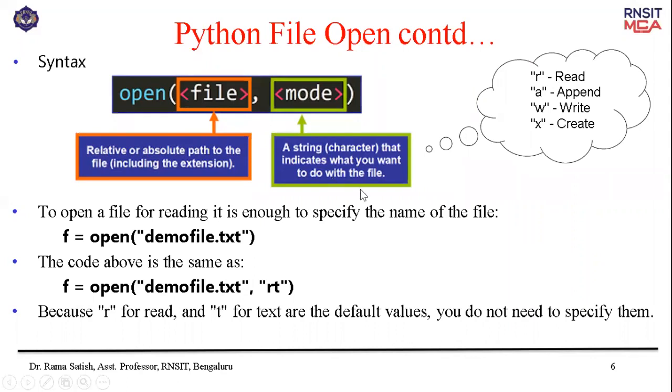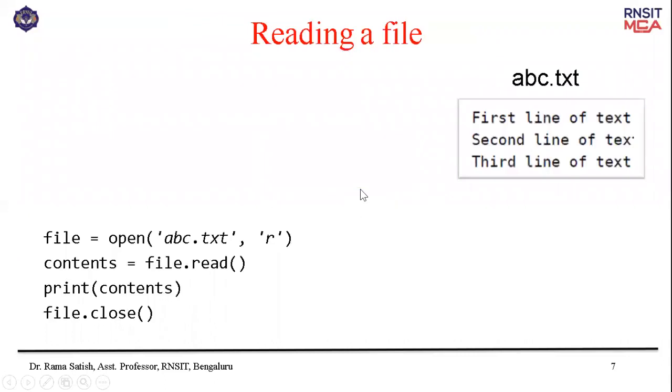Moving further, reading a file, a simple program. Look at here. For reading a file, we use file.read. Read is a method associated with the file cursor. So normally what happens when you open a file, a file pointer is created.